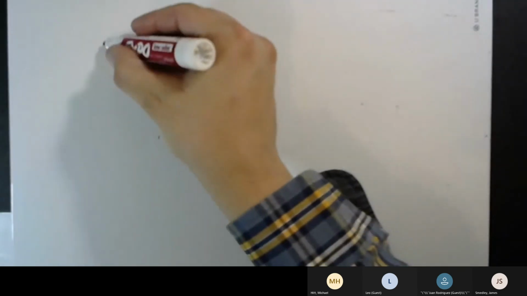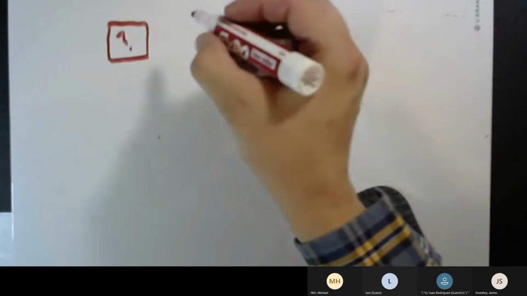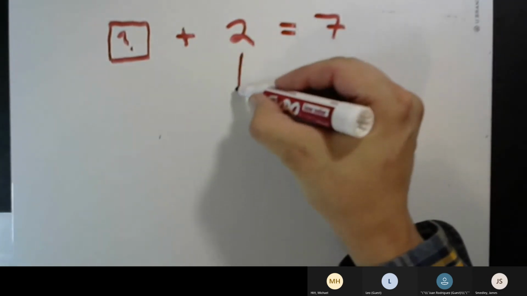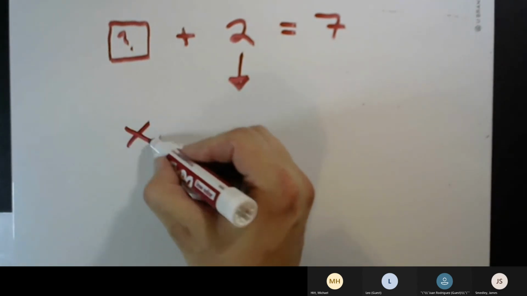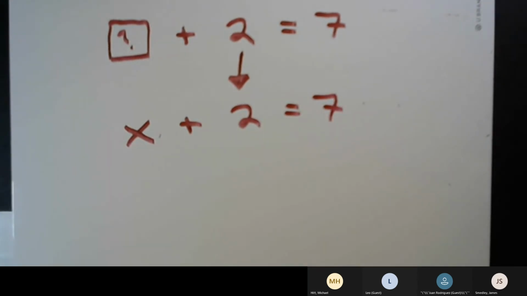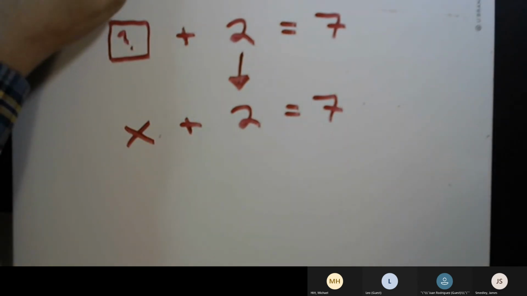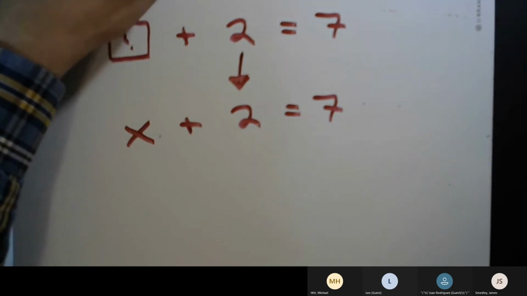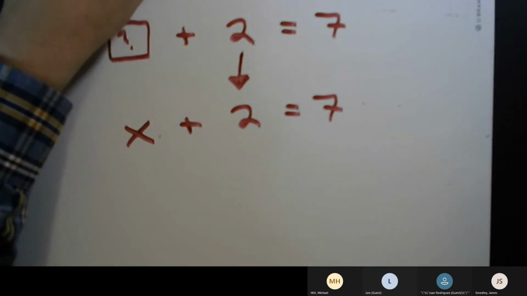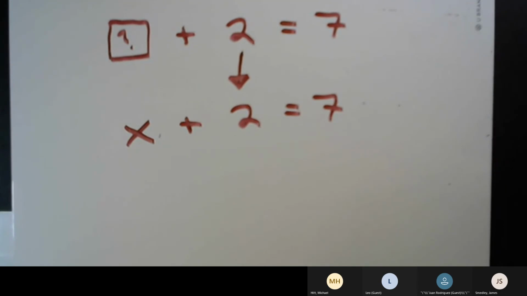So what we'll do, we'll take this riddle and we'll make it into X plus 2 equals 7. All right. So that's all that algebra is.